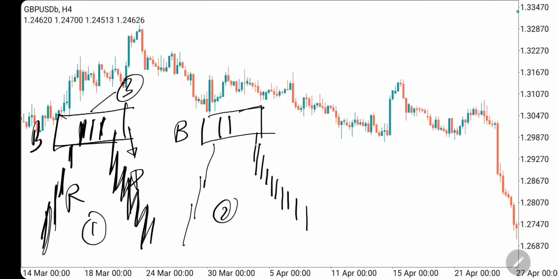But in this case, the candles were overlapping, and no more strength. Here you have overlap and retracement.